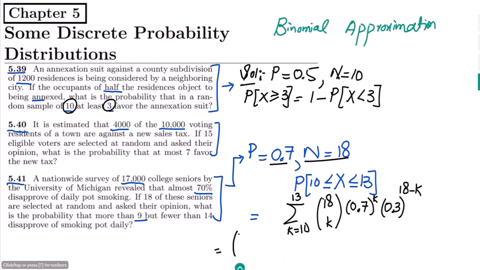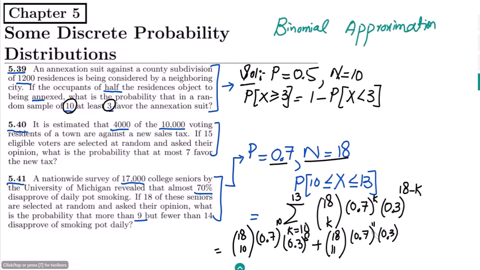Expanding it, we will get 18 choose 10, 0.7 raised to power 10 multiplied by 0.3 raised to power 18 minus 10, which is 8, plus the second one, after 10 we have 11, so 18 choose 11, 0.7 raised to power 11 and 0.3 raised to power 18 minus 11, which is 7, plus 18 choose 12, 0.7 raised to power 12 and 0.3 raised to power 18 minus 12, which is 6.